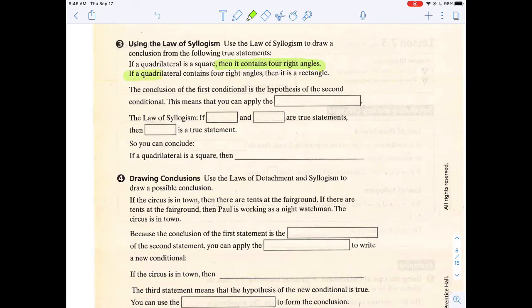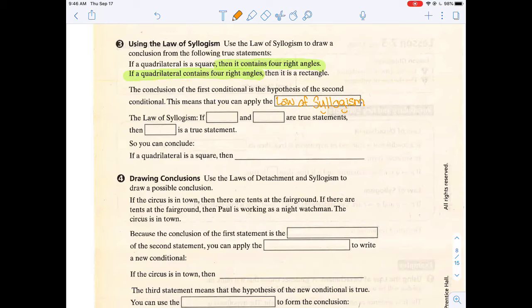The beginning of this statement says if a quadrilateral contains 4 right angles. So those 2 pieces are the same. That means that you can apply the law of syllogism. They have to be the same: the first conclusion has to be the same as the next hypothesis.